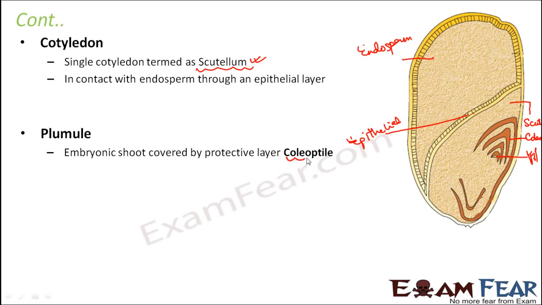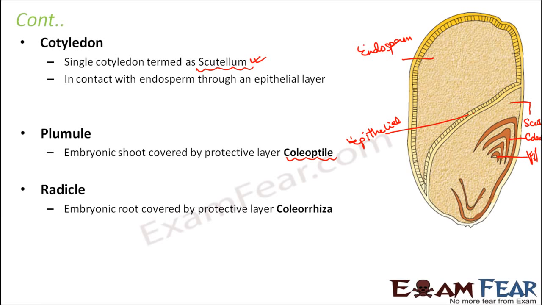I'm not writing the names completely because there is no space here. Similarly, you have a radicle, and it is also covered by a protective layer called the coleorhiza. This is the radicle, and this is the protective layer of the radicle called the coleorhiza.